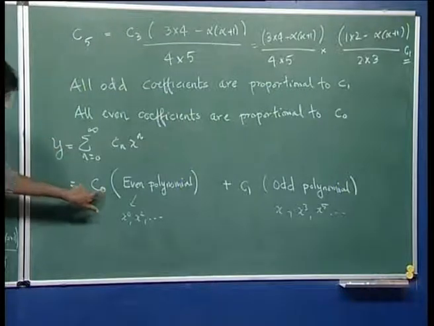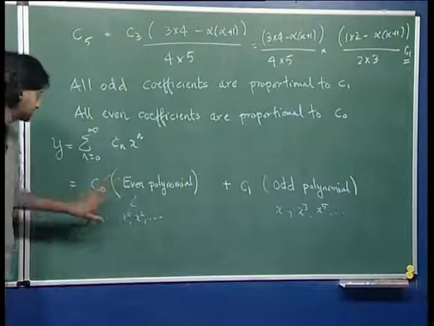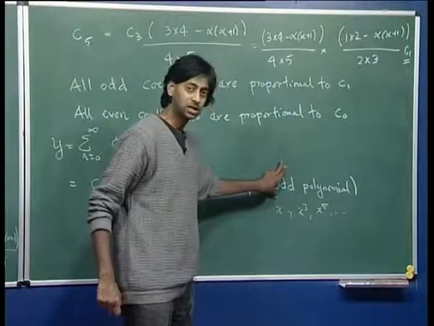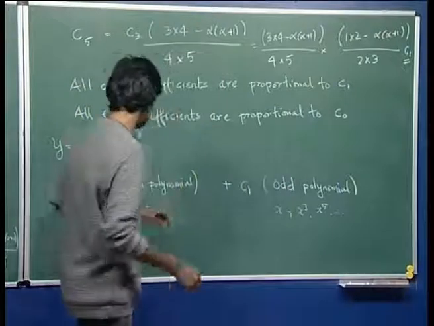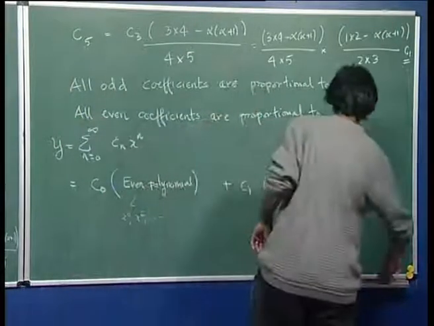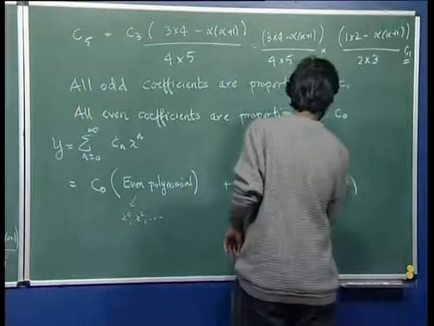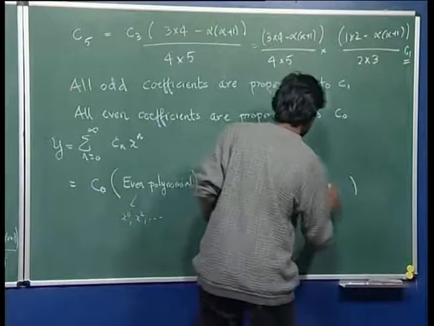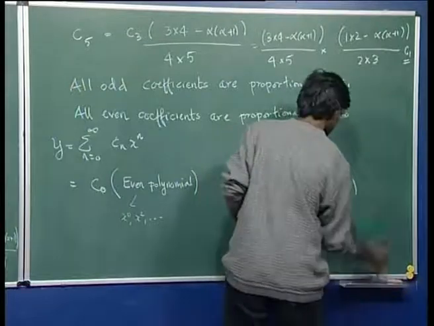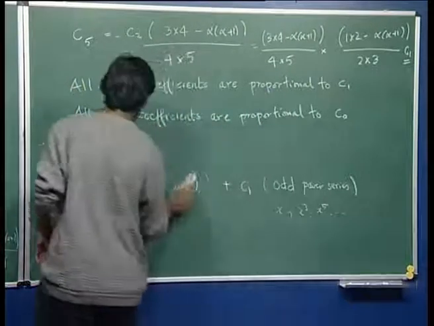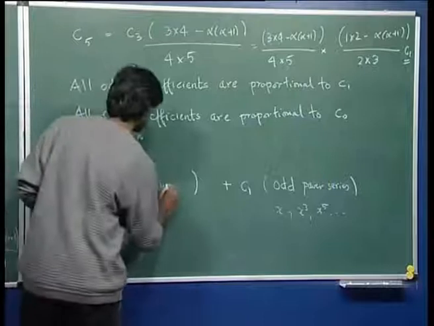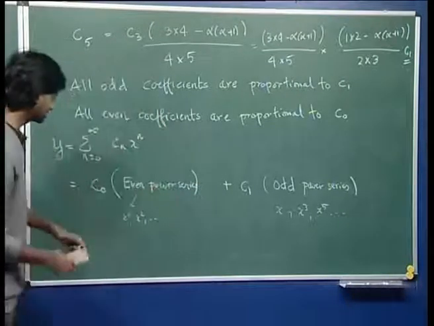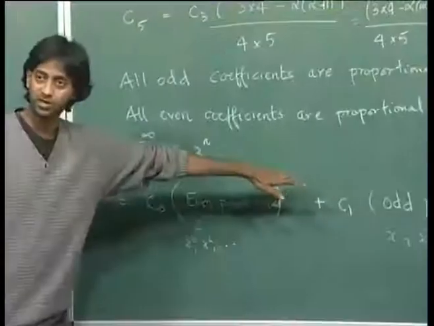It can be written as C0 times a polynomial with only even terms and C1 times a polynomial with only odd terms. Okay. And I should not call it a polynomial yet, I should call it a power series, and this should also be a power series. And I am emphasizing this difference because this can go all the way to infinity.